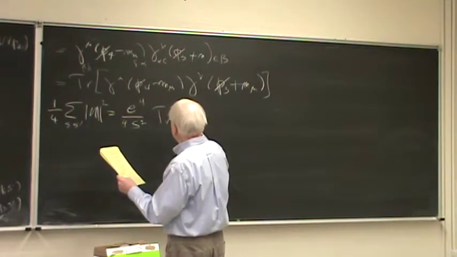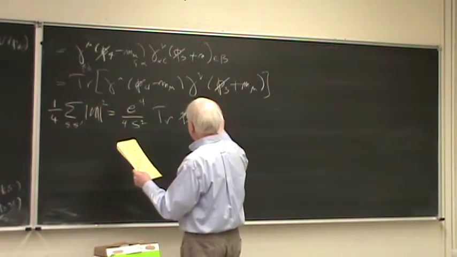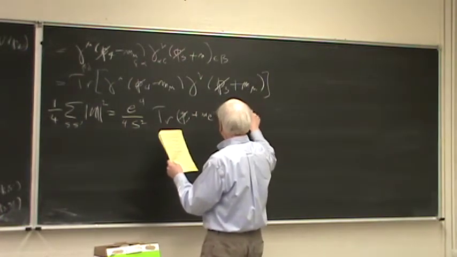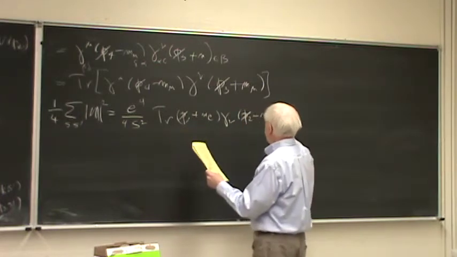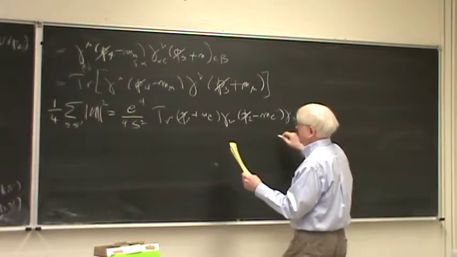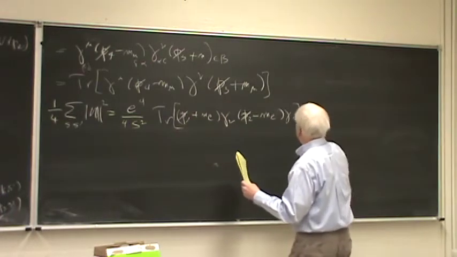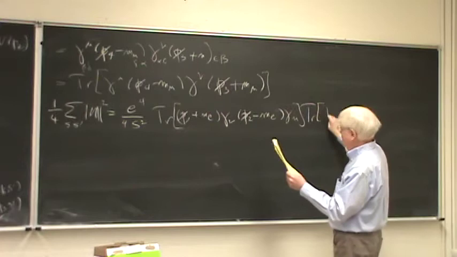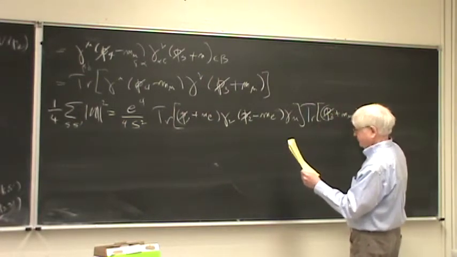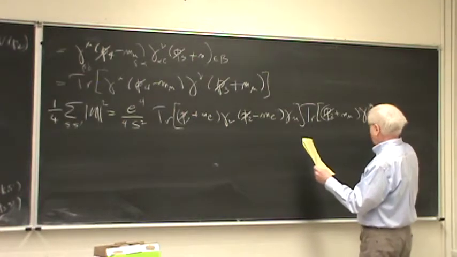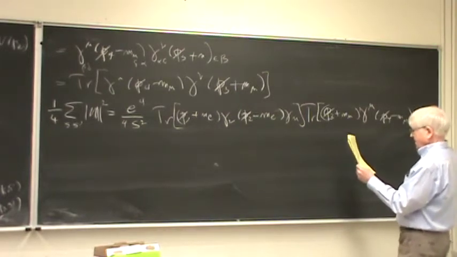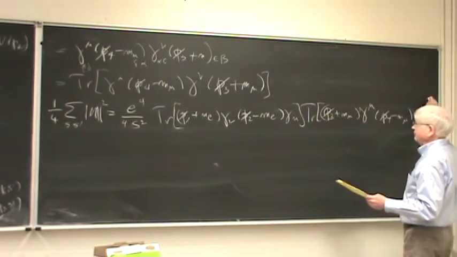The first trace is P1 slash plus me gamma nu P2 slash minus ME gamma mu. And the other trace is P3 slash plus mu gamma mu P4 slash minus mu gamma nu.